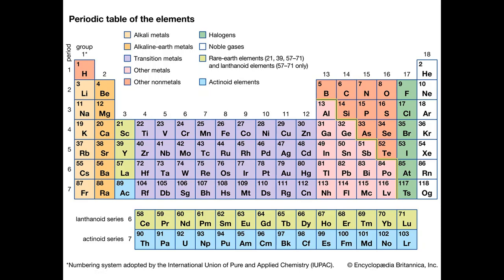Once again, their valence electrons also end in a d orbital. So transition elements are sometimes also called the d block elements. So they have a variable oxidation state, or they have their valence electrons in the d block.